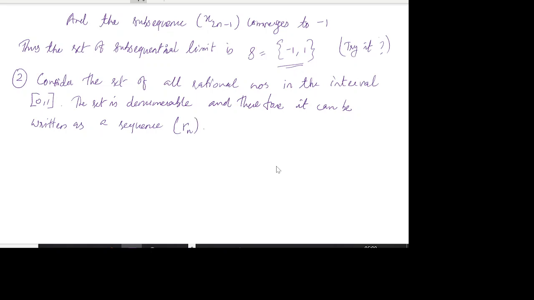Then from the density theorem, we are studying that the set of rationals is dense in R, right?